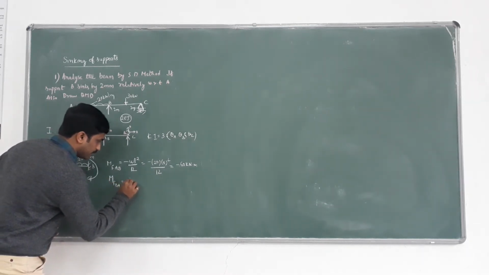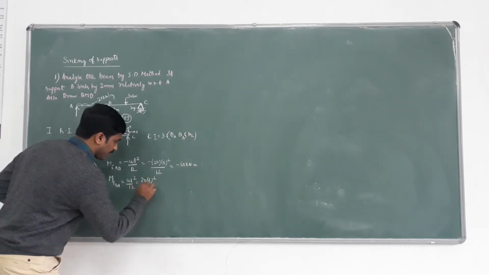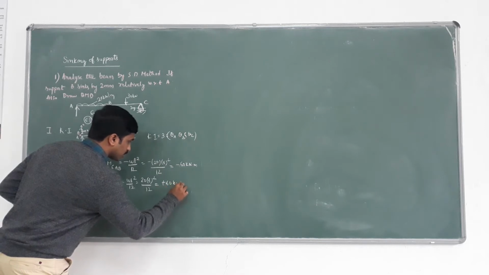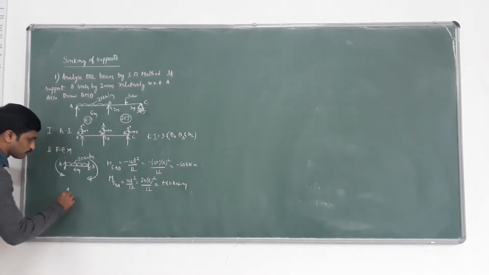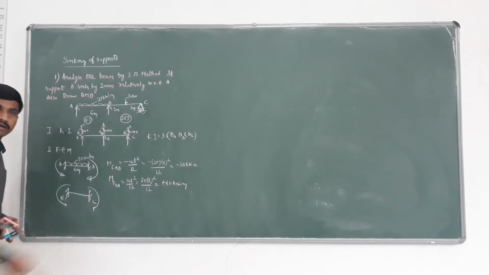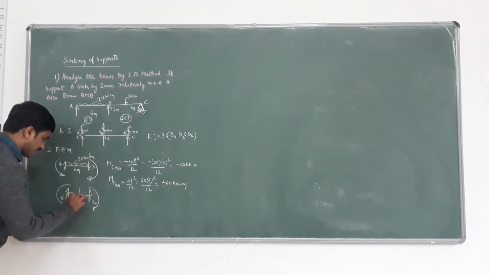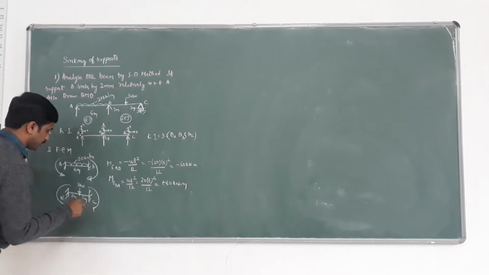Similarly, MFBA equals WL square by 12, that is 20 into 6 square by 12, which is plus 60 kilonewton meter. Next, I am assuming the span BC to be fixed. The resisting moment at BC is anti-clockwise, at CB is clockwise, and it carries a central point load of 30 kilonewton at 2 meter and 2 meter.